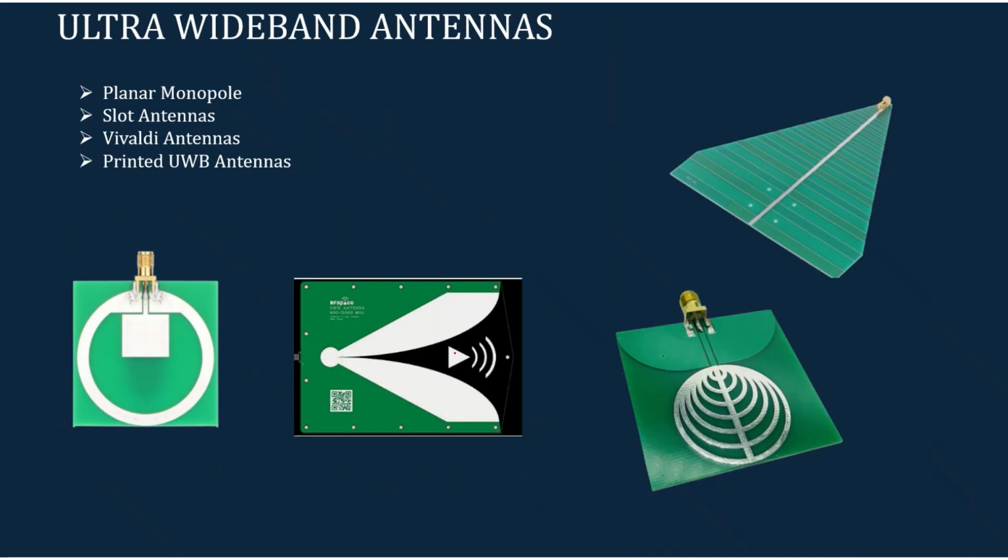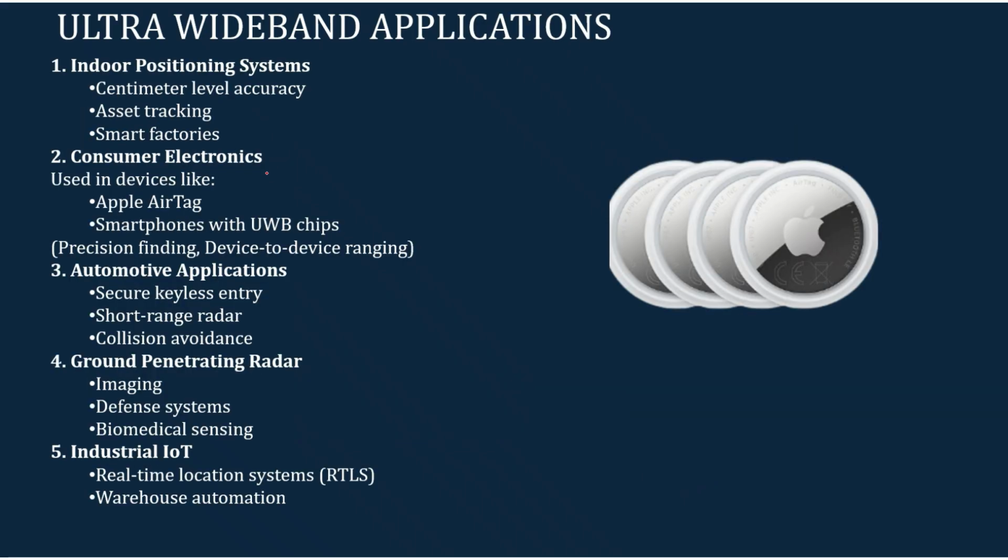Now we have seen group delay, and these are some wideband antenna examples: planar monopoles, slot antennas, Vivaldi antennas, and printed UWB antennas act as ultra wideband antennas.